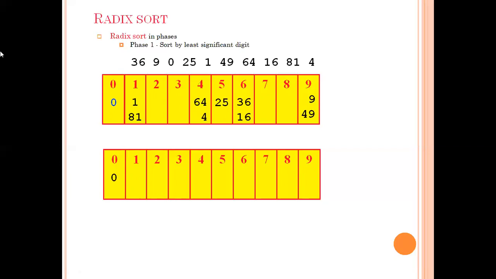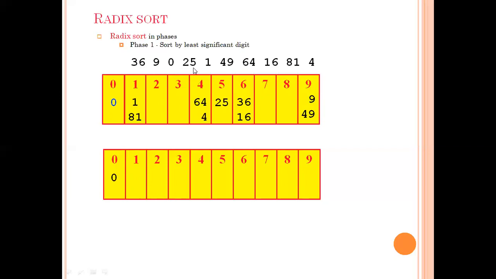So in phase 1, we will sort by the least significant digit. So 0 will come in this one, 1 will come in this one, 36 will come in 6, 9 will come in 9, and so on. Forget the other digits, just concentrate on the least significant digit in each number.